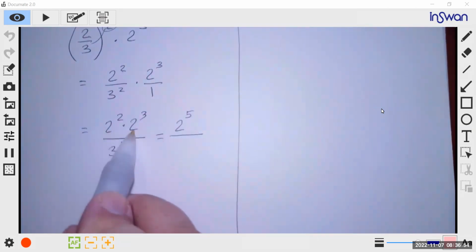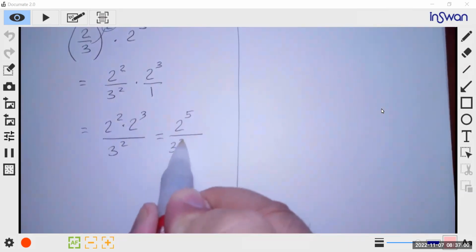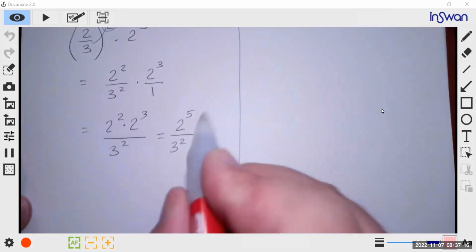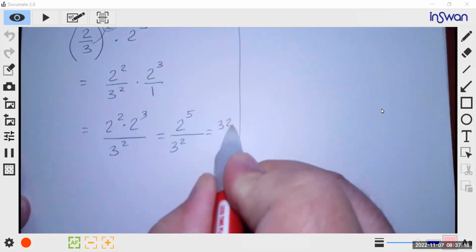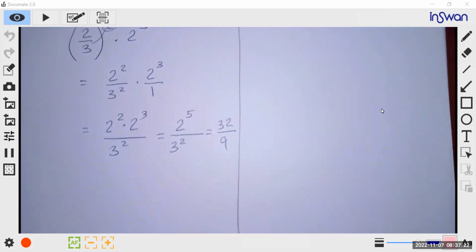Yeah, since you have the same base, leave it there, add the exponents. Since nothing can reduce earlier, nothing's going to reduce here. 2 to the 5th. 2 times 2 is 4, times 2 is 8, times 2 is 16, times 2 is 32. So it's 32. 3 to the power 2 is 9.